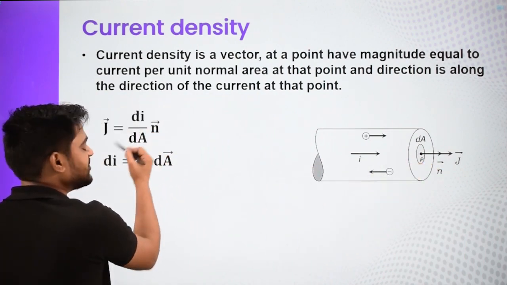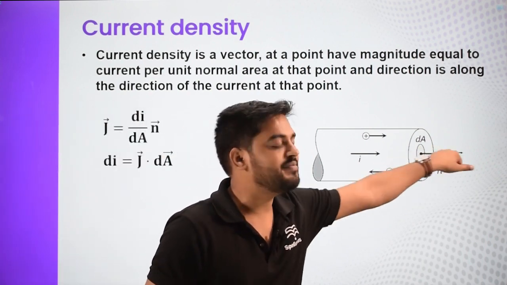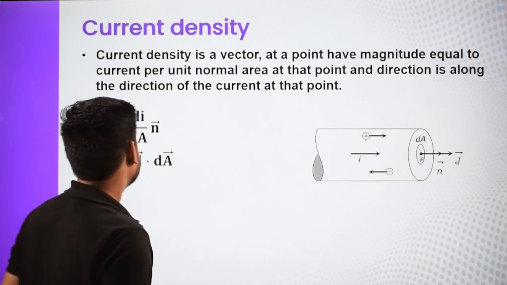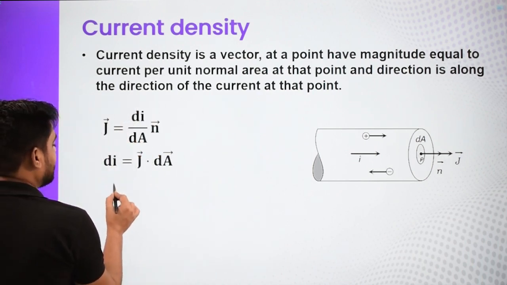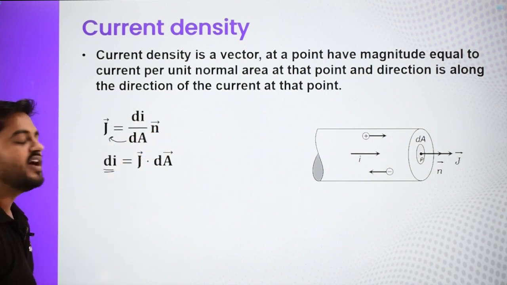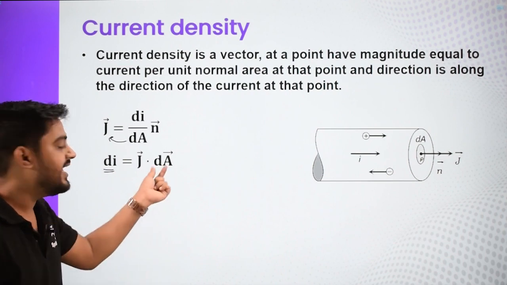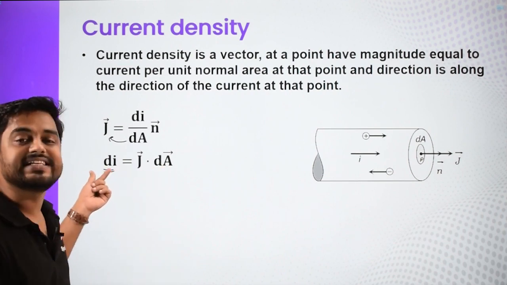The area of that region is dA, and n vector is just the vector in the same direction as the current, right? So if you want to write current, then we can also say that the small current, this current, is nothing but J dot dA, and here we will have a dot product as area is a vector quantity, J is a vector quantity, and this is a scalar quantity.